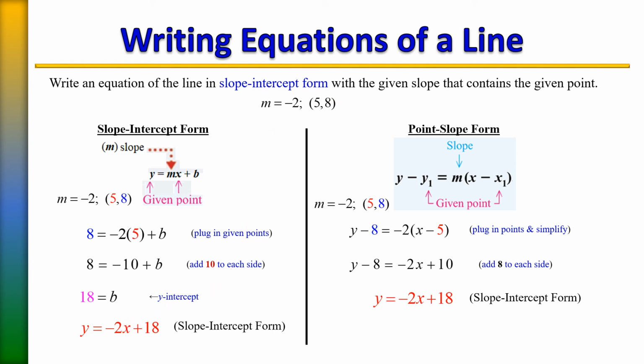But yes, the point slope form, once you go through the process, it will give you your line in the end. And so notice when you compare the two methods, we got the same exact line of y equals negative 2x plus 18. And there you have it.